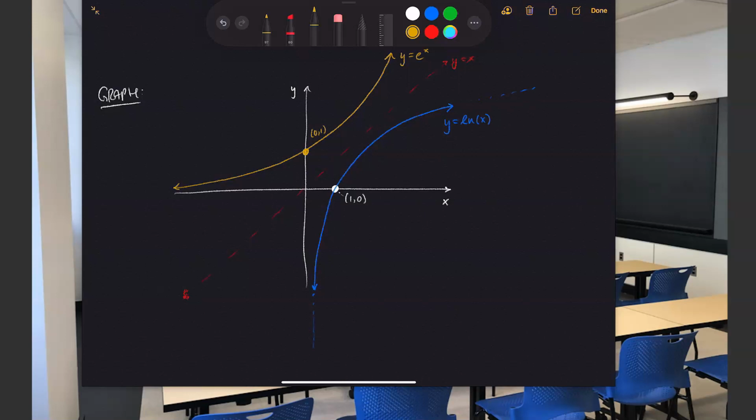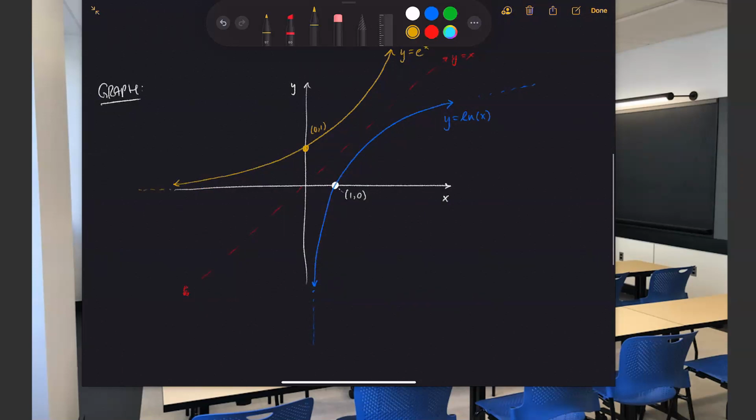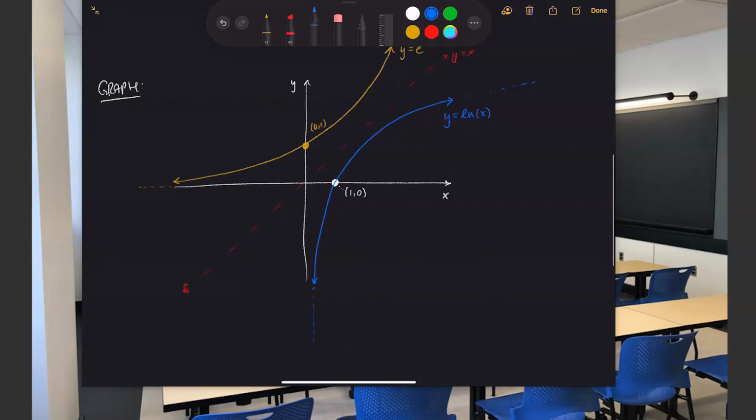So for y equals e to the x, it crosses through 0, 1. It goes off to positive infinity. It has a horizontal asymptote at y equals 0. And the log function translates that to being a vertical asymptote at x equals 0, but it also increases, we say, without bound towards positive infinity.